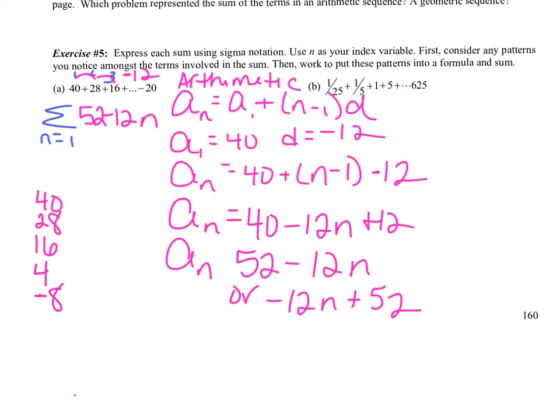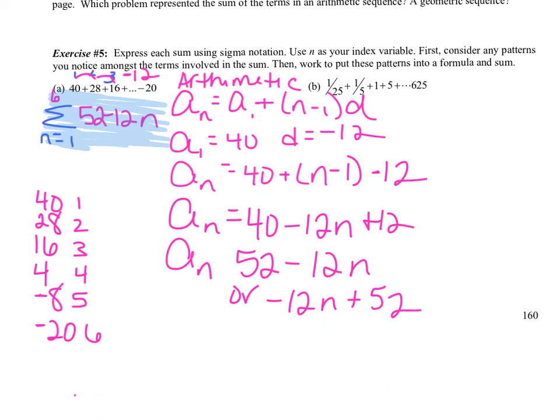And when I subtract another 12 from that, I get negative 20. So this is the first term, the second term, the third term, which we already knew, fourth, fifth, and sixth term. So I need a 6 on the top. So that is my final answer. All that work for this final answer here.